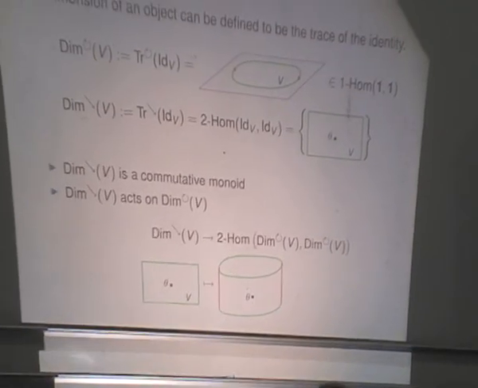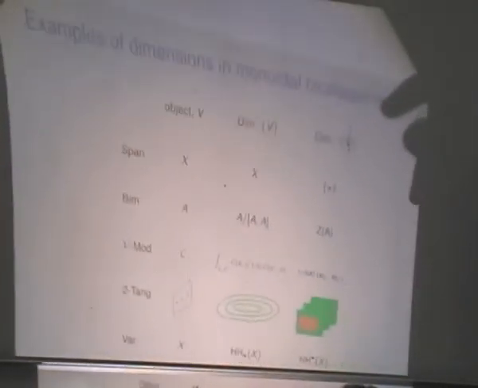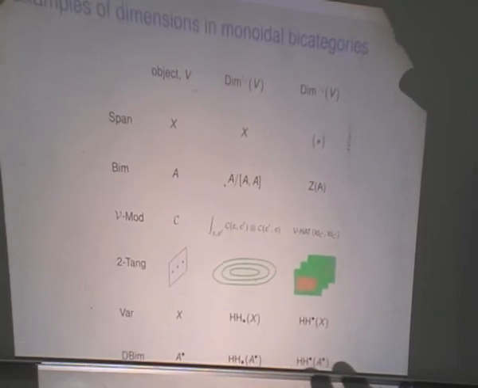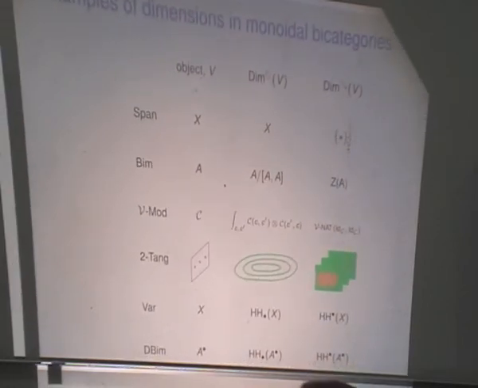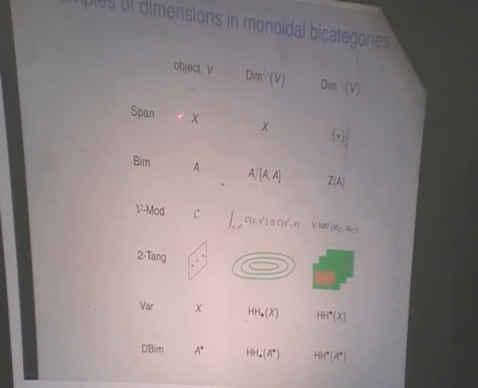So we can just look at what this gives us for examples. I'll just finish with this. For every object in our categories, we get a commutative monoid, and we get something on which that commutative monoid acts in an appropriate sense. So unfortunately for the set, we don't get a very interesting commutative monoid.